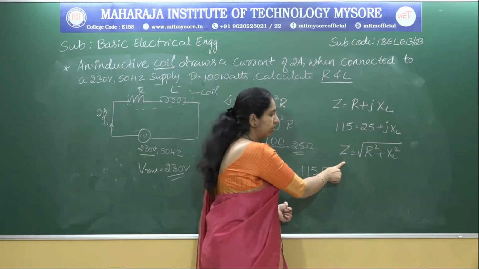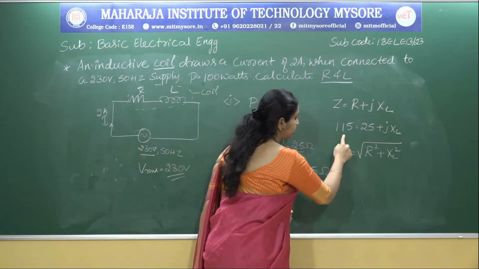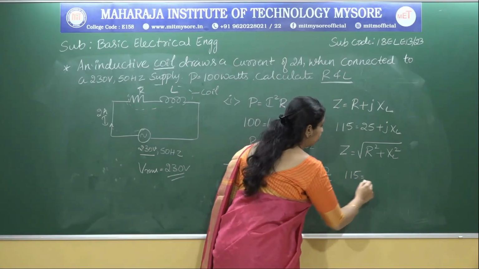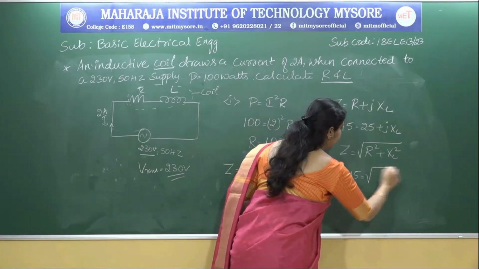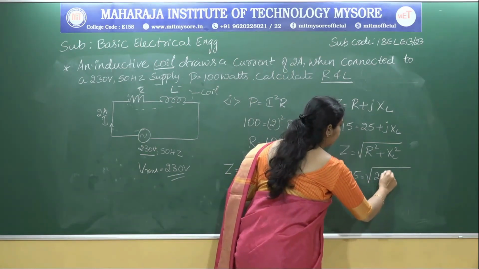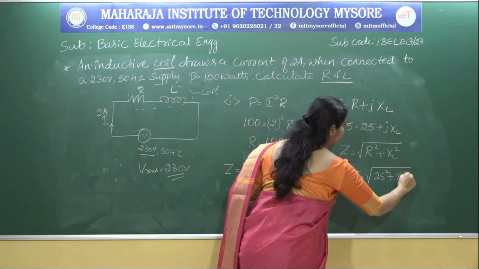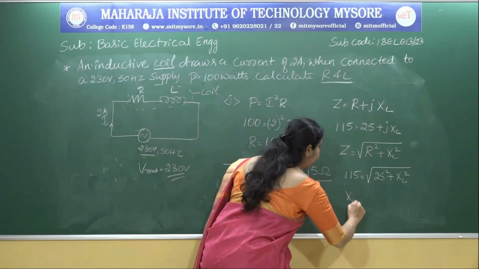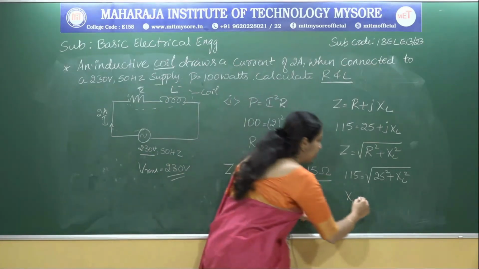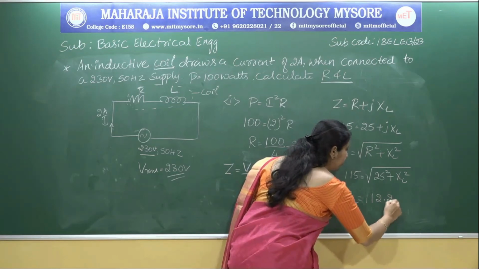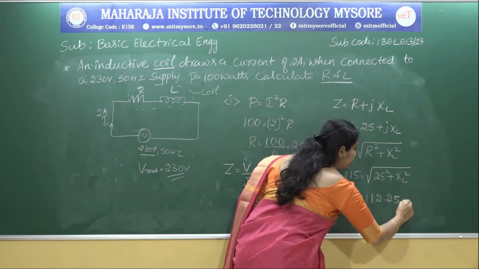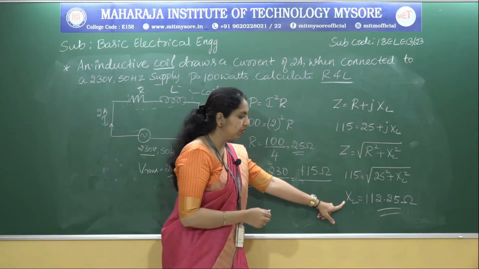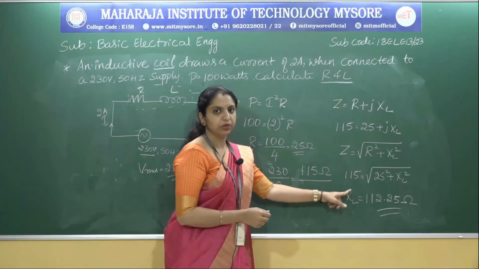Substituting Z, 115 is equal to square root of 25 square plus XL square. From this equation we can calculate XL, which is 112.25. The unit is again ohm.